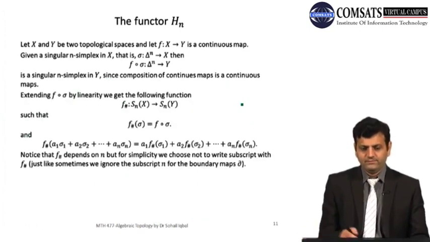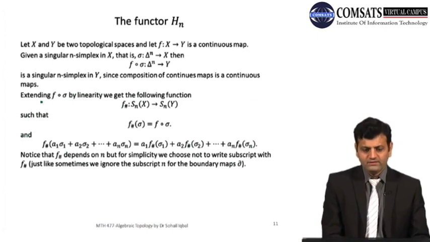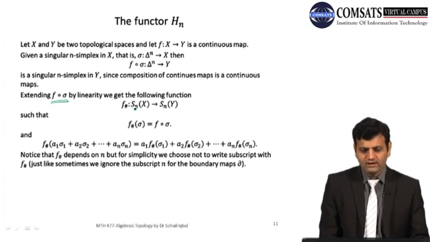So let's go further. Now I can extend this composition by linearity. So far, given any singular n simplex inside X, I can calculate a singular n simplex in Y. But the elements of Sn(X) form a free abelian group generated by the singular n simplices.